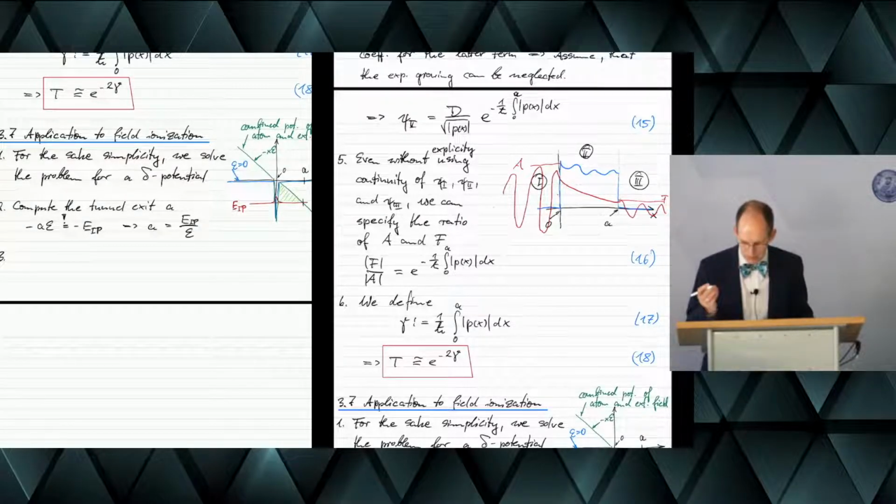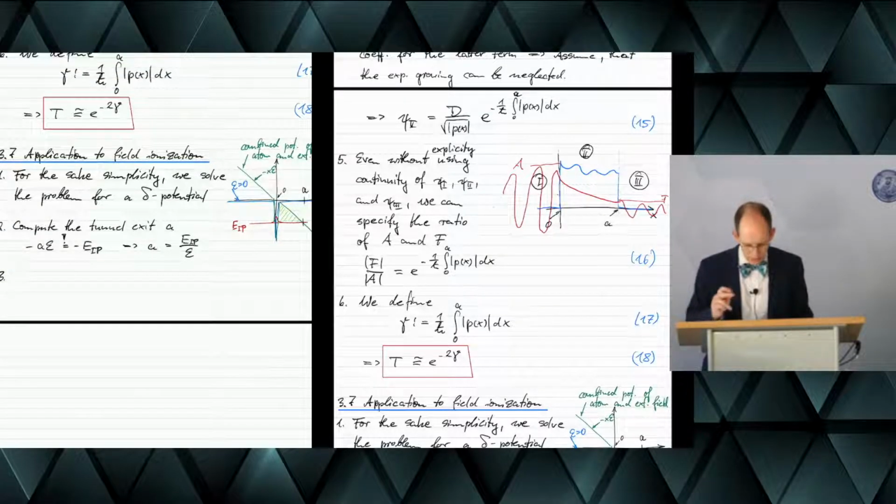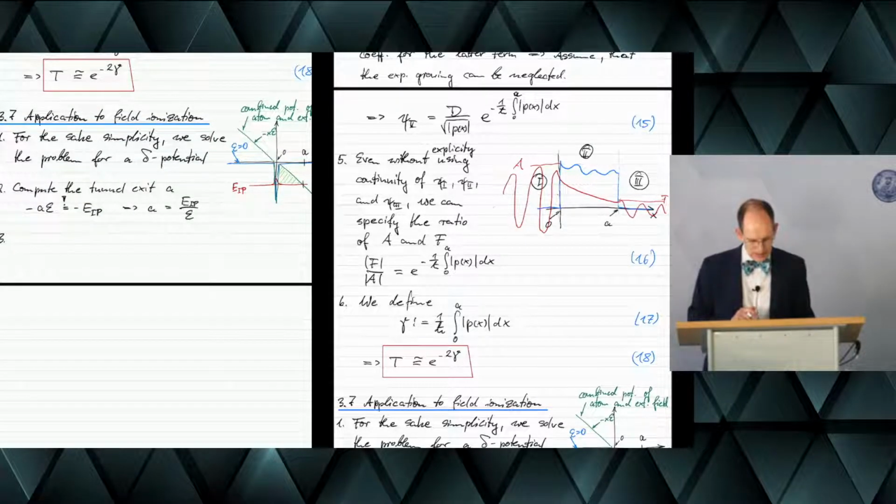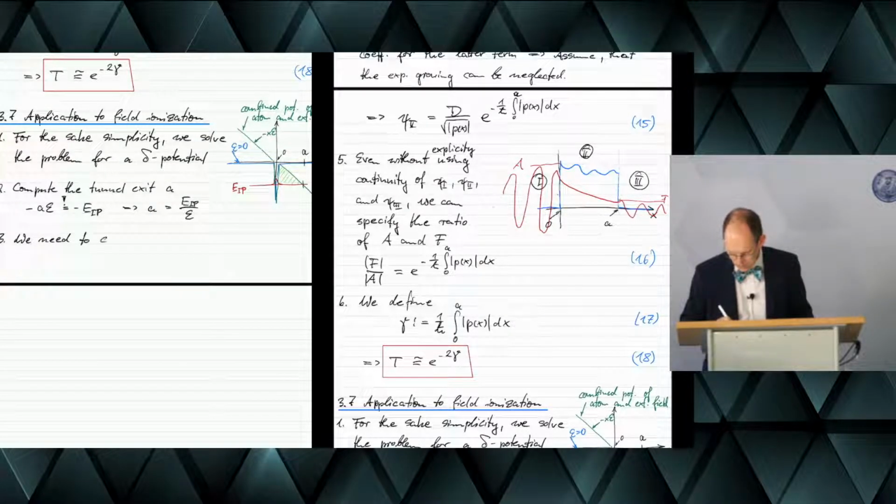And what we need to compute is clear. Namely, we need to compute this gamma. So this means that we need to compute this integral from 0 to A over px dx.